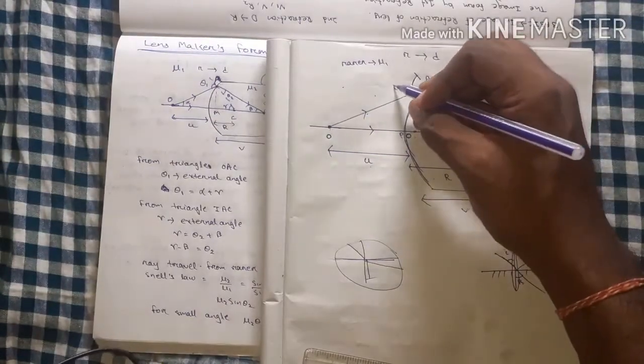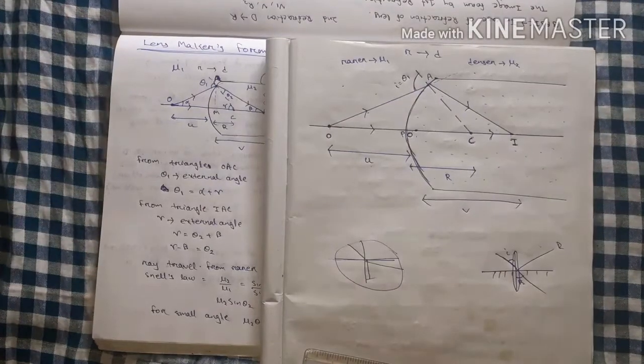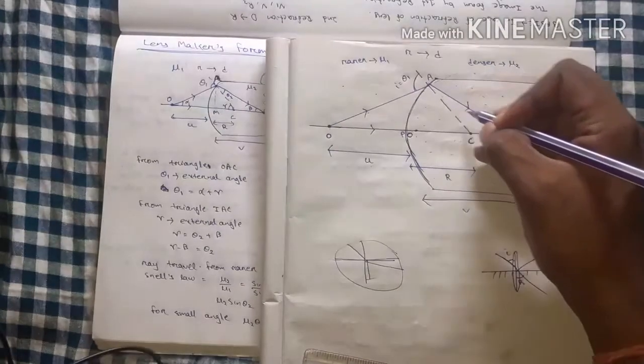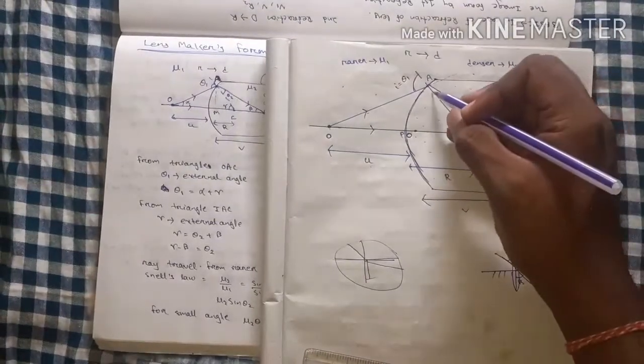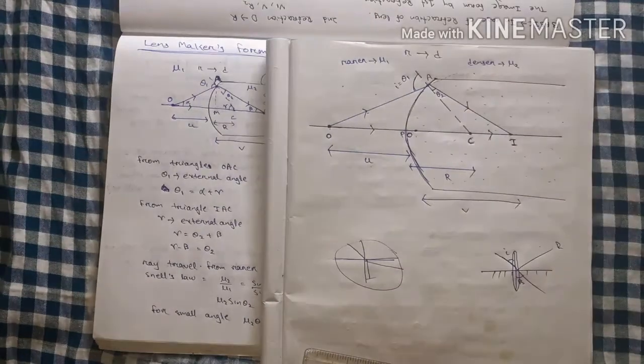Let me take the incident angle as theta 1. This is the refracted ray and this is the normal, so the refracted angle is theta 2. Understand?